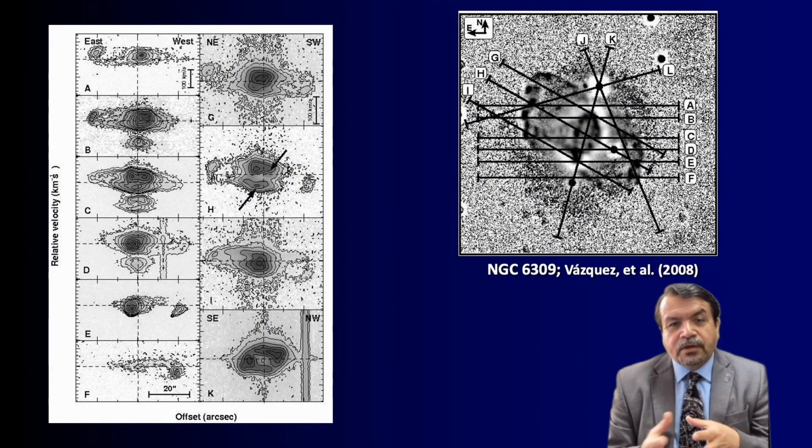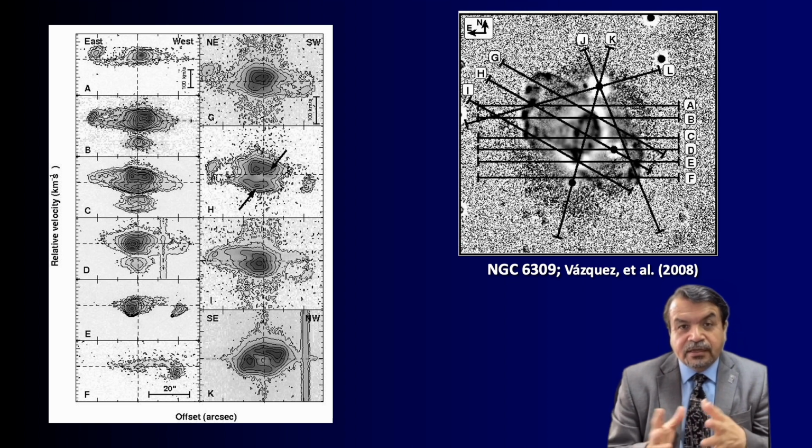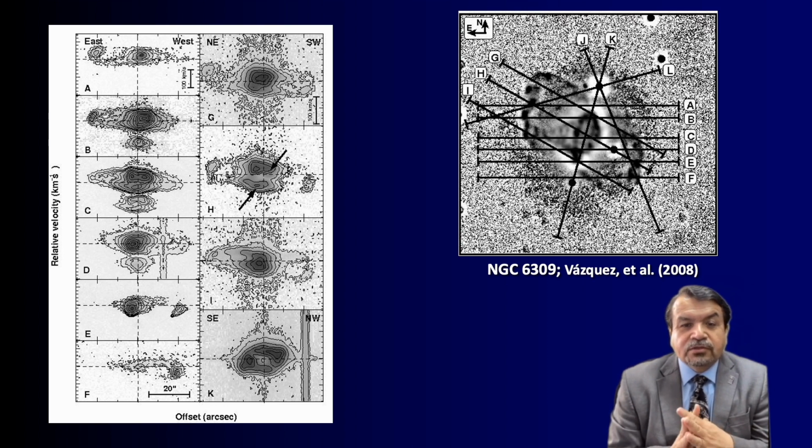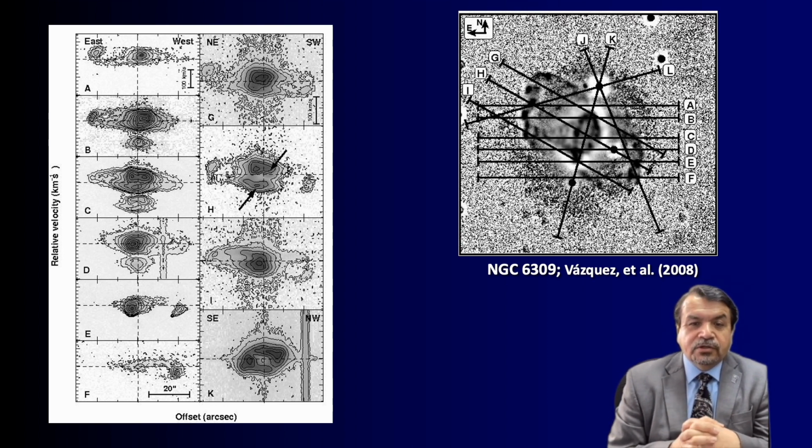And as an example of the complexity of nebulae, we have the NGC 6309 nebula, which was featured in an article we published in 2008 to demonstrate how intricate these objects can be. In it we encounter a multitude of cracks, and it appears that we ultimately arrive at the L-shaped crack in that particular area. So there are a total of more than 10 slits that we have strategically positioned in that area.